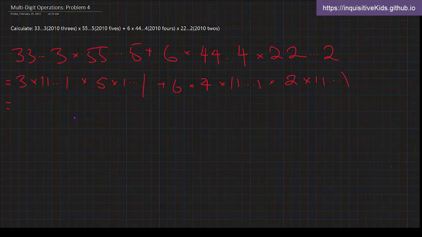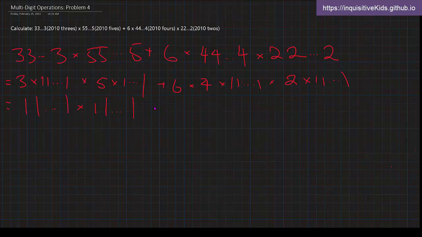So what should we be factoring out? Well, we're not supposed to be factoring out just one 2010 ones because it's multiplication. So what we need to factor out is 2010 ones times 2010 ones.